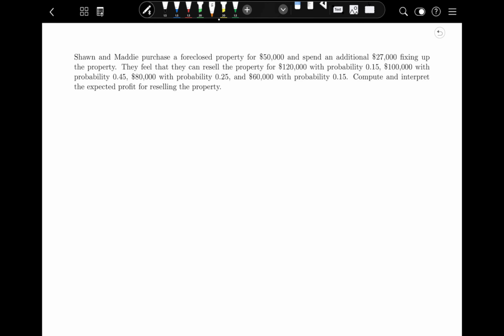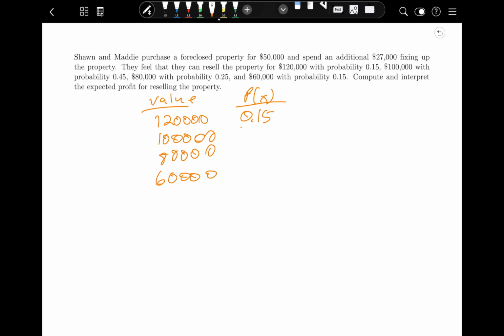So we've got the value, which is the sale price. So 120,000, 100,000, 80,000, and 60,000. And then we've got the probability of each of those, which are 0.15, 0.45, 0.25, and 0.15. So we multiply those together and add. So 120 times 0.15. And you could do this in Google Sheets.